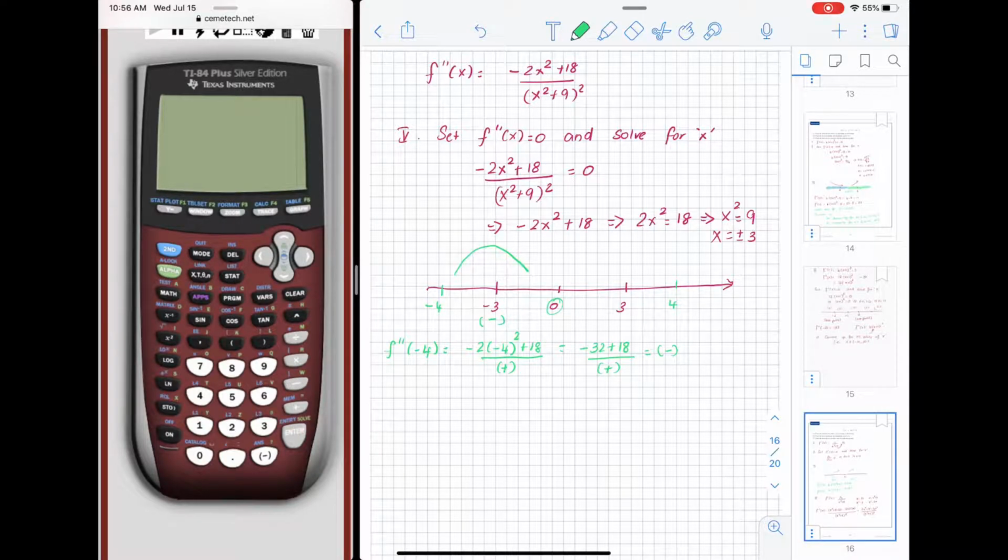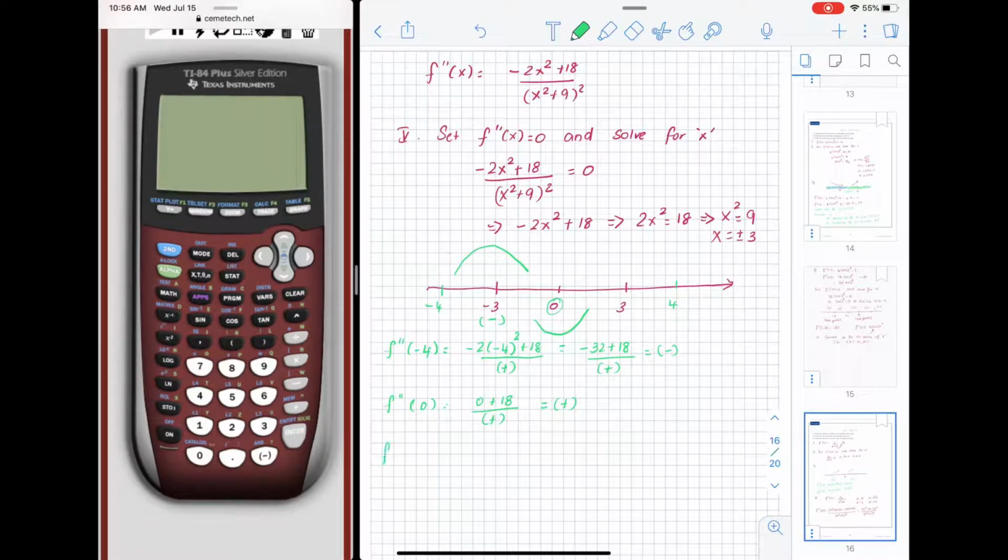So it's concave down. f double prime of 0 is 0 plus 18 over a positive number, which would give me a positive number, so it has to go up.